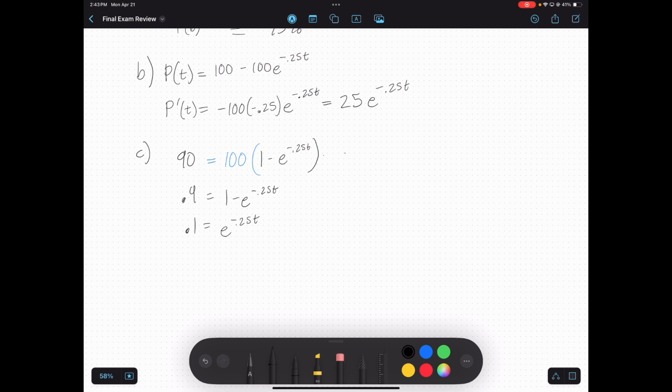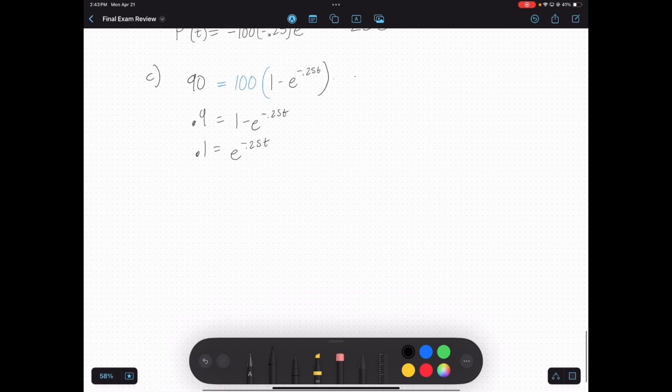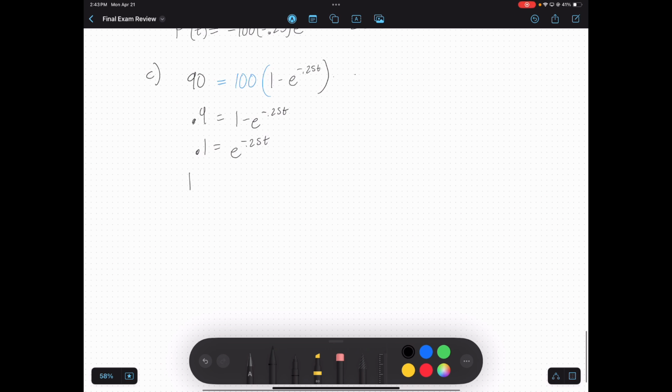How do you solve something like this? Your t is in the exponent. How am I supposed to isolate t if it's up there in the exponent? How do I get rid of that e? You take the natural log of both sides. So you end up with the natural log of 0.1 equals negative 0.25t.